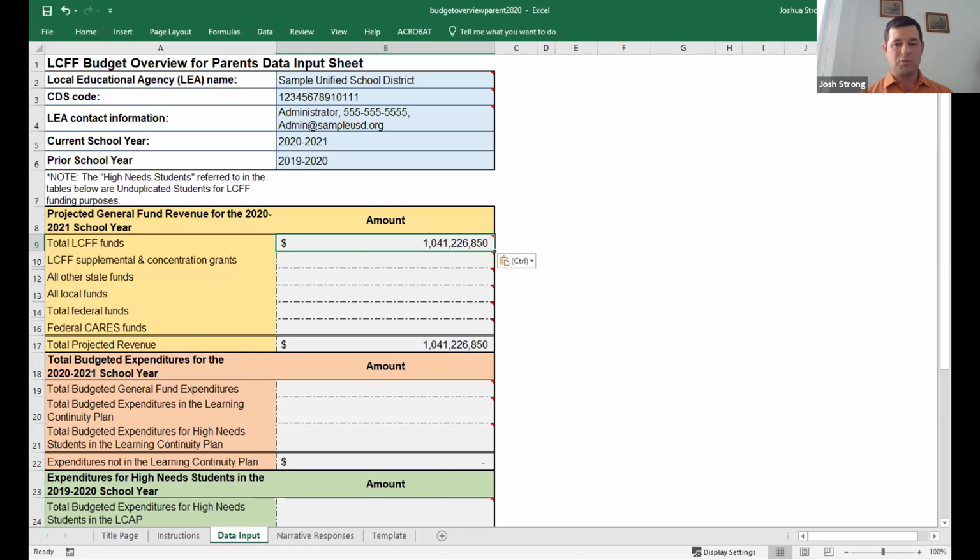You'll notice that as we start pasting in this information, it does start to automatically sum at the bottom. It'll take me just a moment longer to fill this in. Unfortunately, I can't do it in a big block.